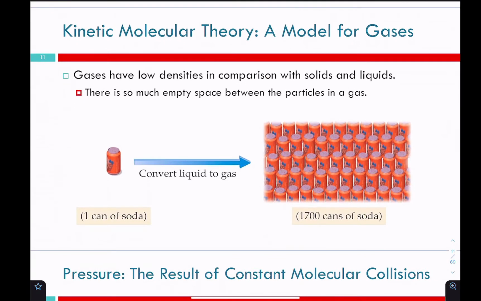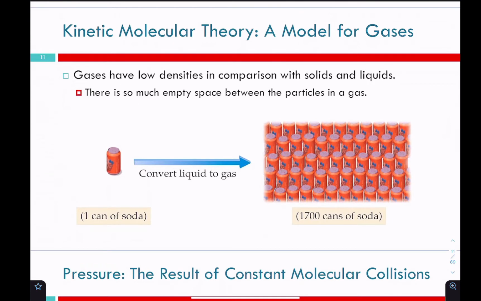Another property is that gases have low density in comparison with liquids and solids. Again, there's lots of space between all the particles, which means there are a lot fewer particles in a given area than there would be for a solid or liquid. So they're generally much, much less dense.